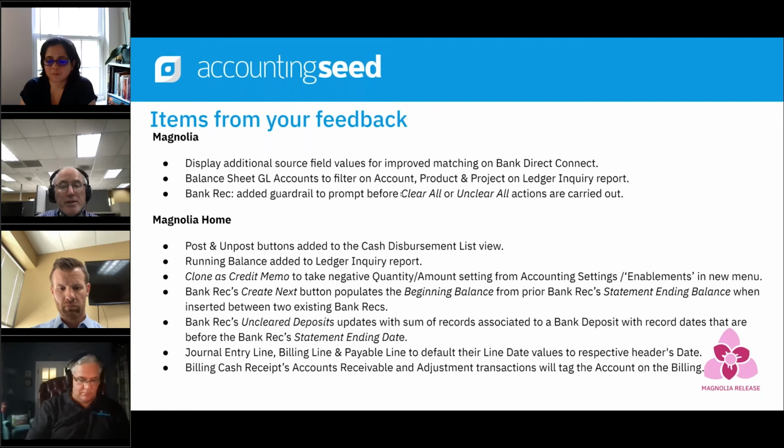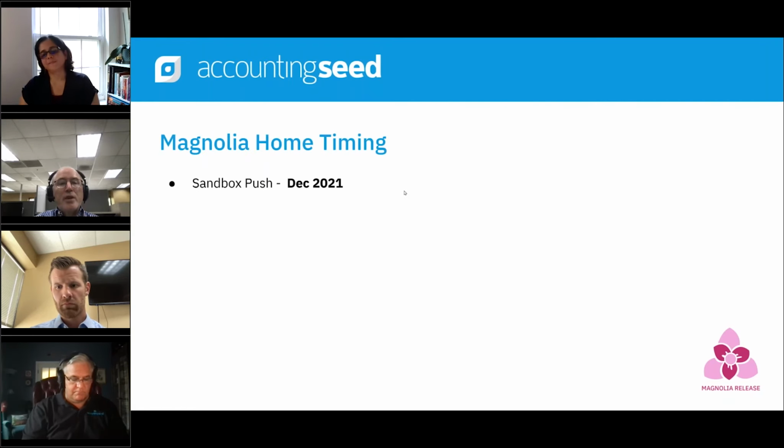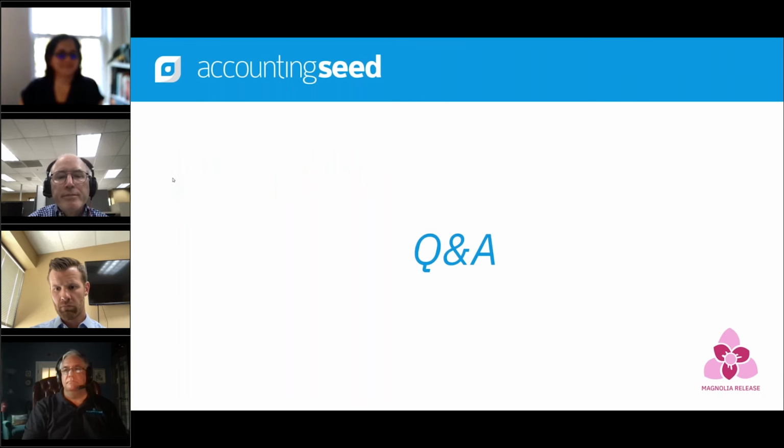And last but not least, billing cash receipts, account receivable, and adjustment transactions will tag the account on the billing. Sandbox push is coming in December of this year. And now we'll throw it out to questions.